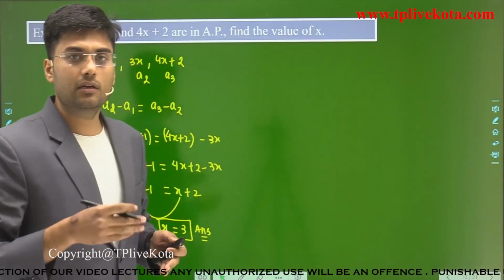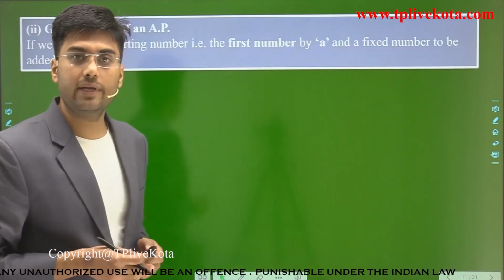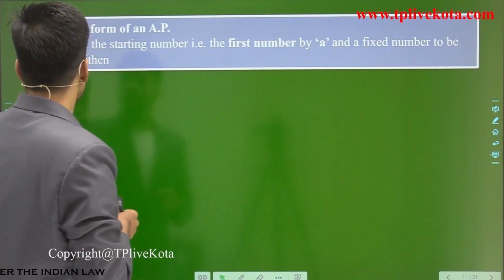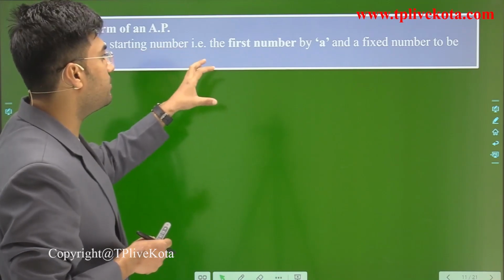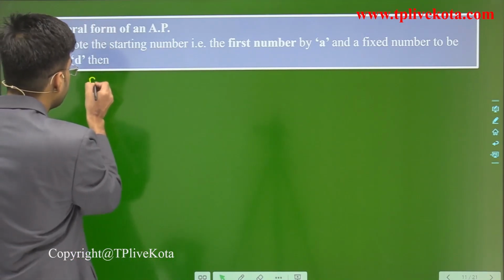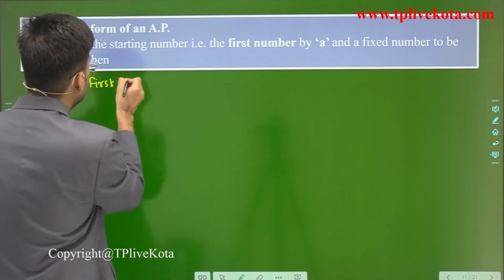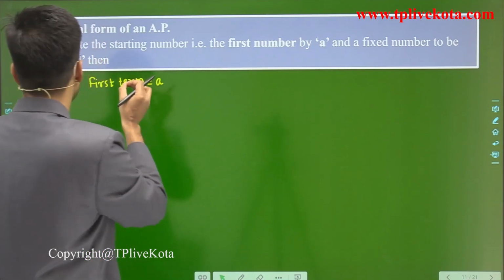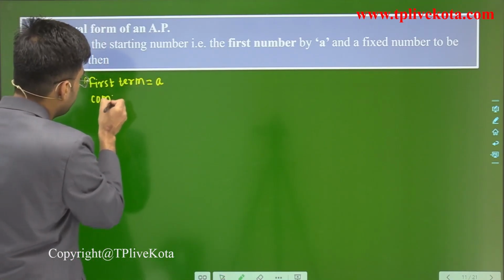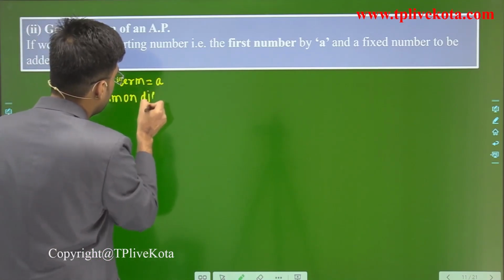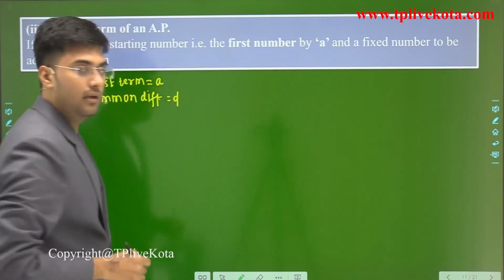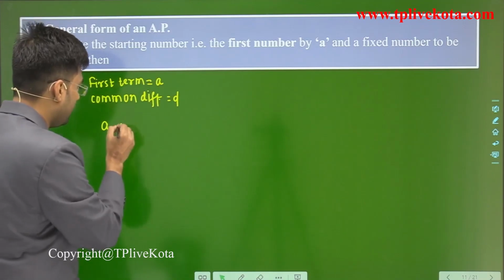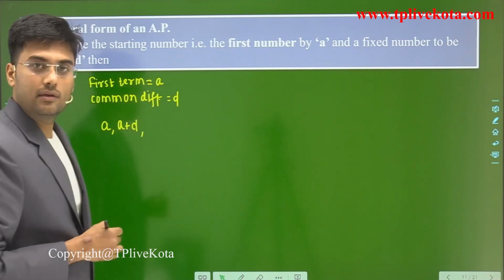Clear? So students, now let's move to the next. General form of AP. If we denote the starting number, that is the first term, by a, and the fixed number to be added is d, that means common difference is d, then students, the first term is a, the next term is what? a plus d.